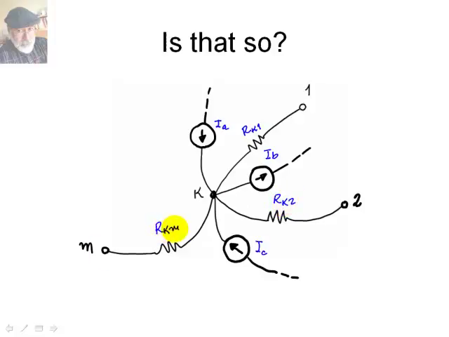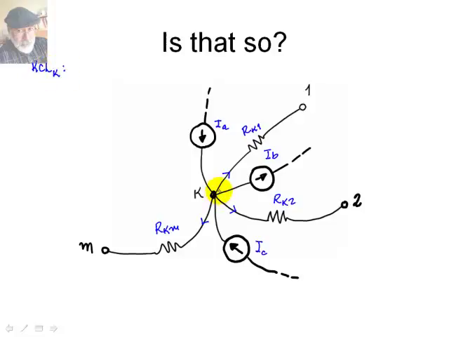Let me say that I am assuming all the currents through the resistors as leaving the node. That does not represent any loss of generality, as you well know. And I'm going to write the KCL equation for node K.